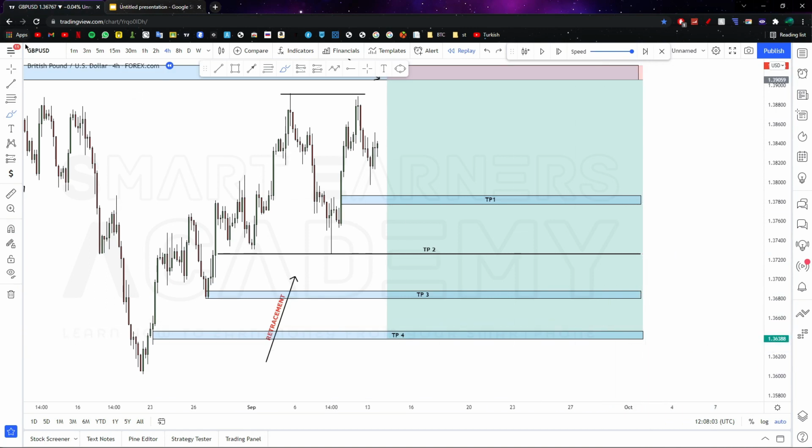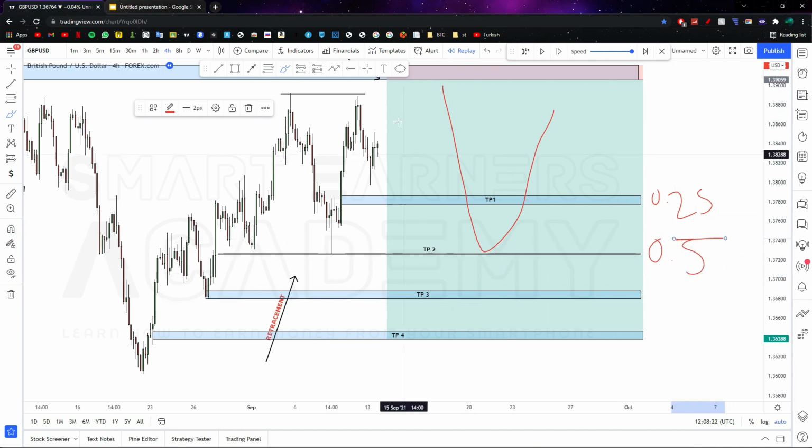So what we've done is, in case we see reaction from any of these areas, we are still securing our profits, right? If we see reaction from here, we have secured 0.25. Then let's just say we don't see reaction and we see reaction from over here, we have secured 0.5 of our trade.